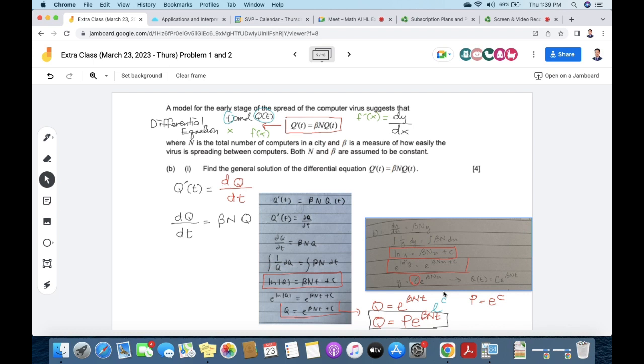Ln of a negative is an error. So that's the reason why we need to keep this positive. That's why we are having an absolute value. Unless we are sure of the value of q, we have to put in an absolute value. All right? So that's it. So this is not a general equation. Any questions or clarifications?